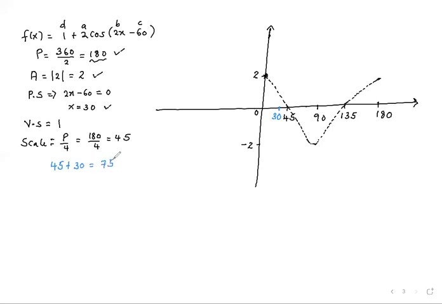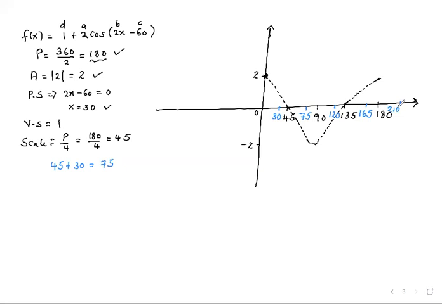Then 90 plus 30, 120. 135 plus 30, we'll get 165. 180 plus 30, we get 210.